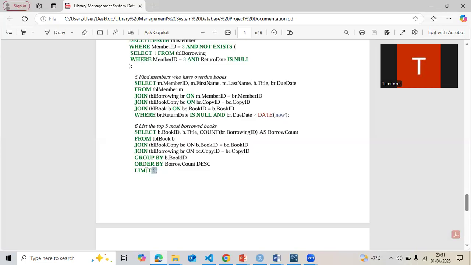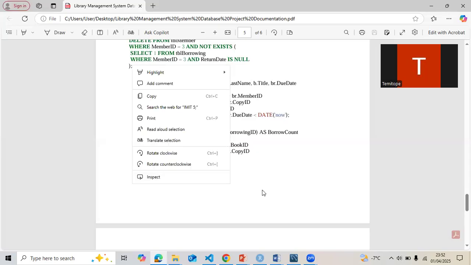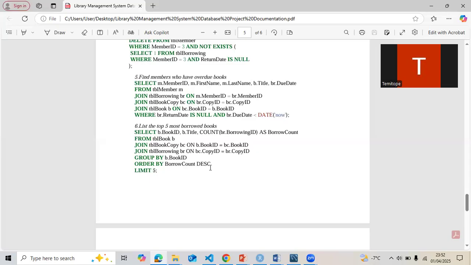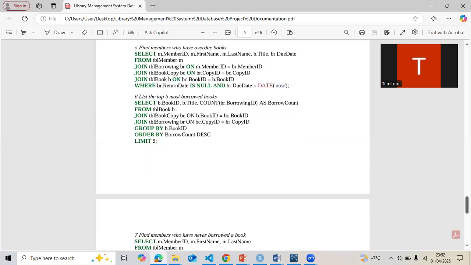This limit 5 is like a filtering. Order by is like a filtering too. You are trying to filter your information in descending order. So we just want to restrict the information to the first 5. By limiting, you don't want maybe 1 million rows. No, you are limited to 5. That is the query that we issued out.